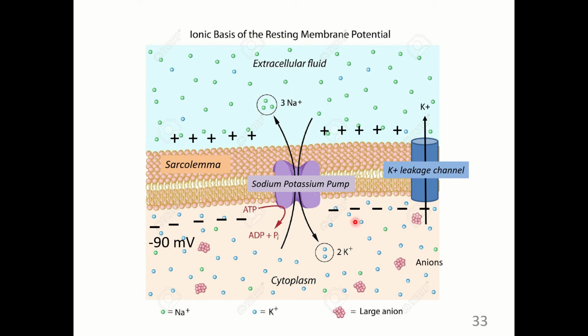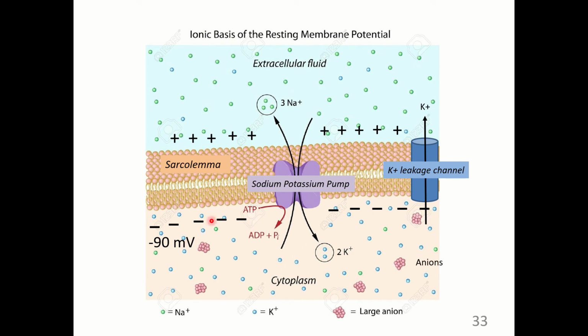As the potassium ions exit the cell, they leave behind negatively charged proteins, which are large anions. The loss of positively charged potassium ions, along with the remaining negatively charged proteins, brings the interior of the membrane to negative 90 millivolts.